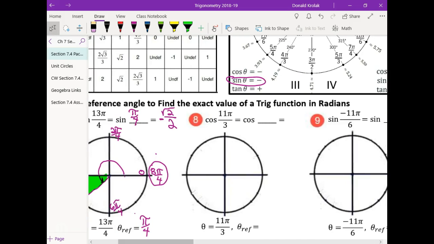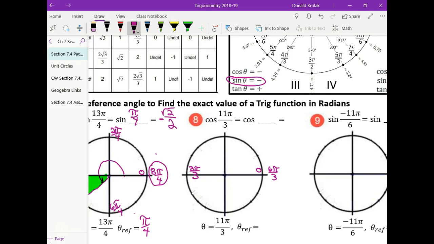Okay, 11 pi over 3. Okay, Leilani, what's my quadrant going to be? 11 pi over 3. Mm-hmm. How am I going to label my circle here? So 0, and then 3 pi over 3. Okay, and then full circle? 6 pi over 3.